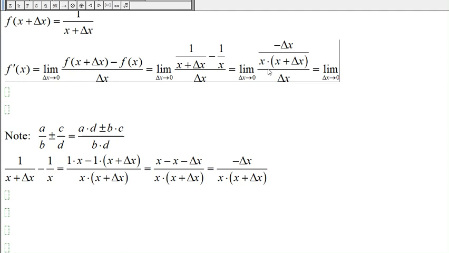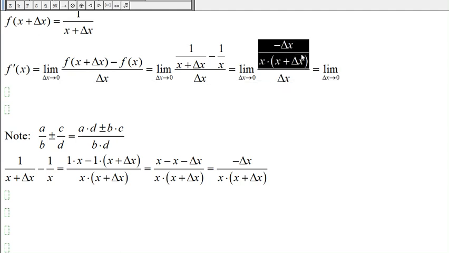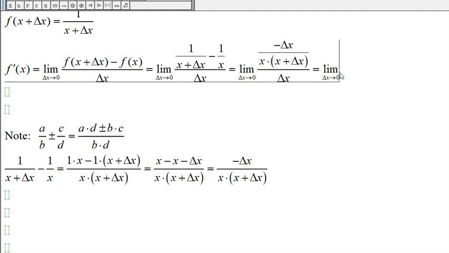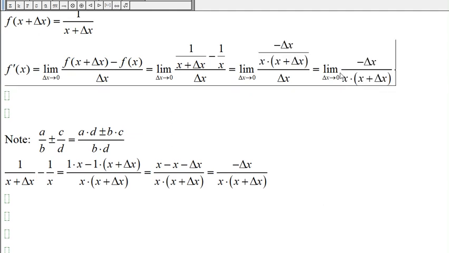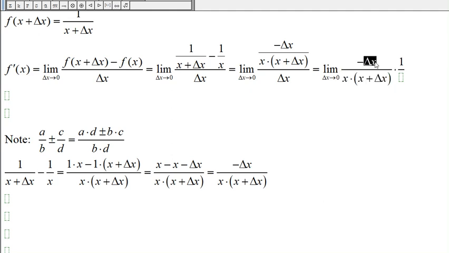Remember that when we're dividing by something, it's the same as multiplying by the reciprocal of that thing. So here we have delta x, the reciprocal will be 1 over delta x.